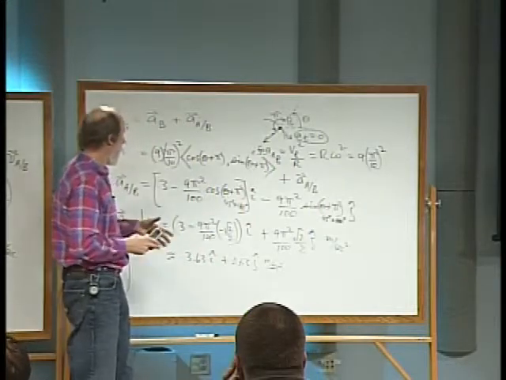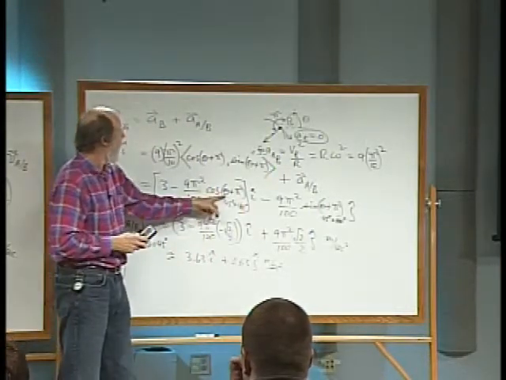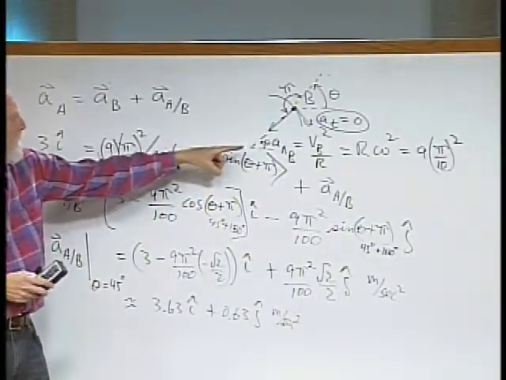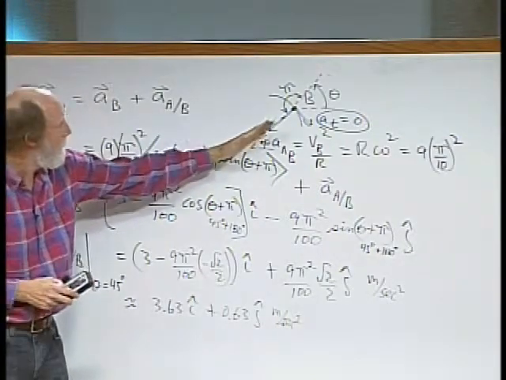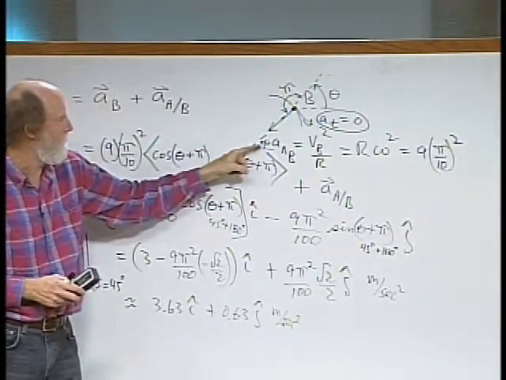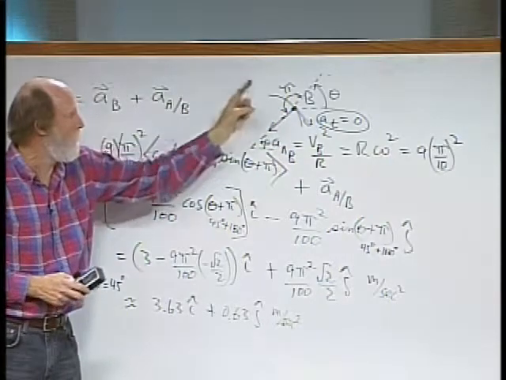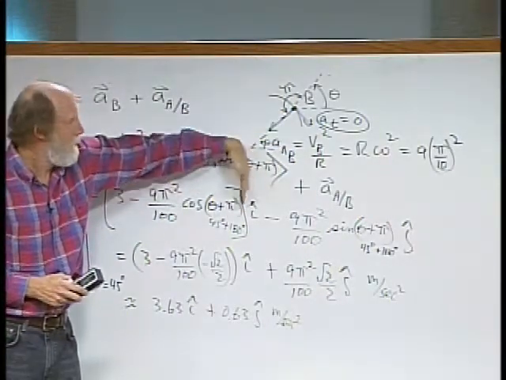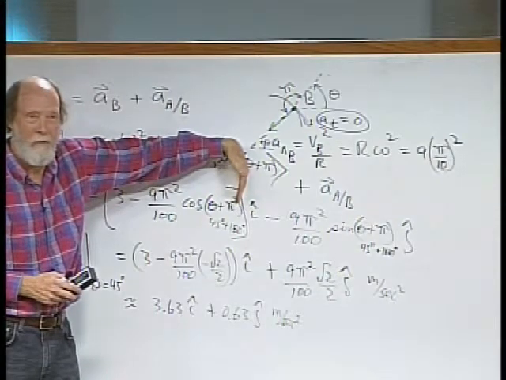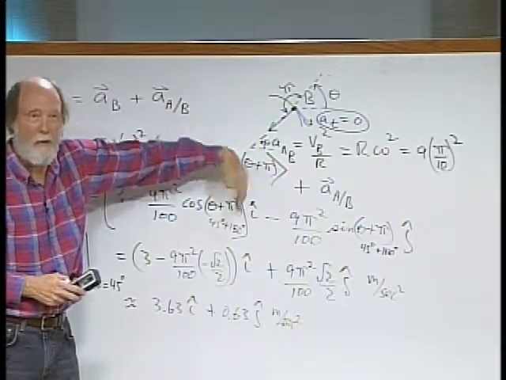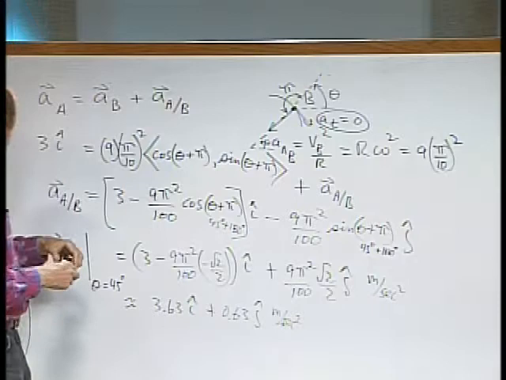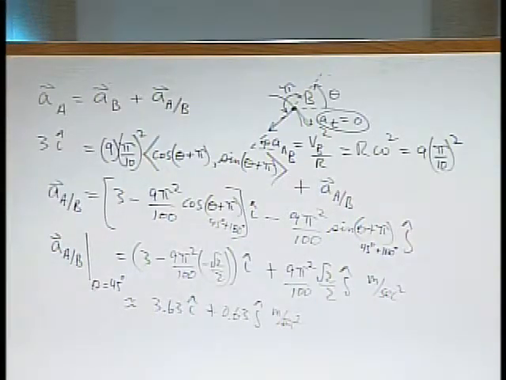Let's check it out. If you're at theta, what theta would give us the down position? Careful, it's defined this way. We're rotating that way. Negative 90 degrees. Let me come over here on the board.